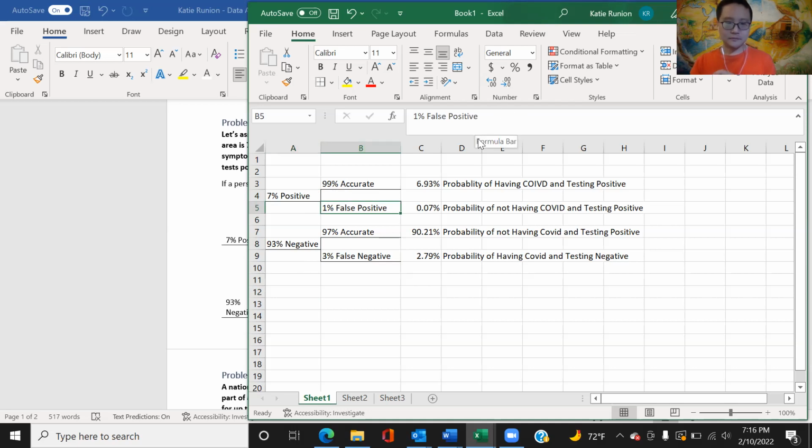This should be 1 minus the false negative rate, because a false negative is when a person gets COVID but tests negative, right? So if we condition on a person having COVID, the probability of testing negative and testing positive should sum up to 1. Do you agree with me on this?